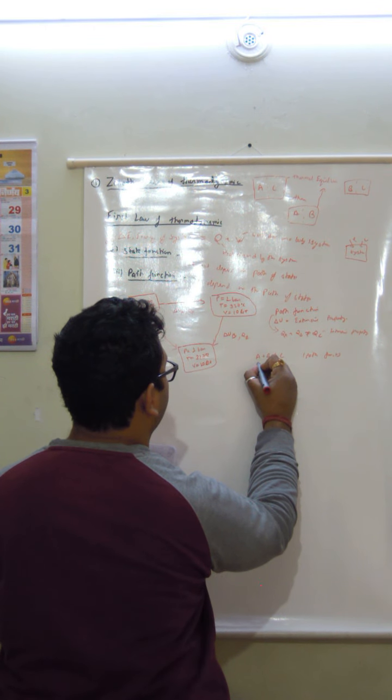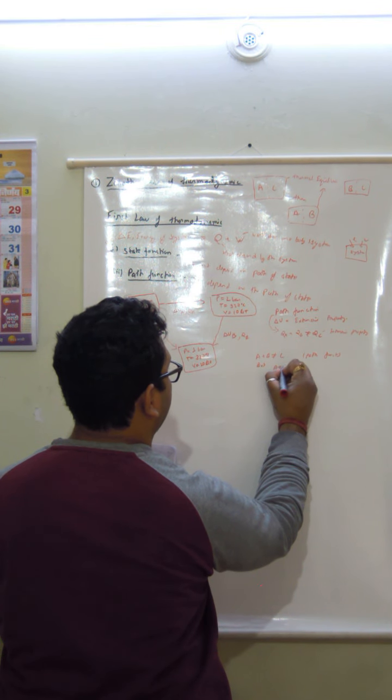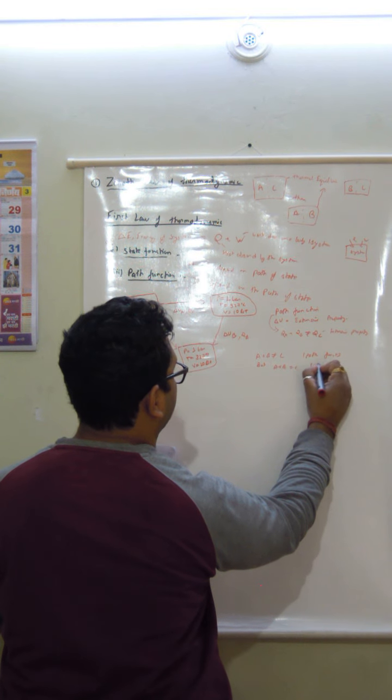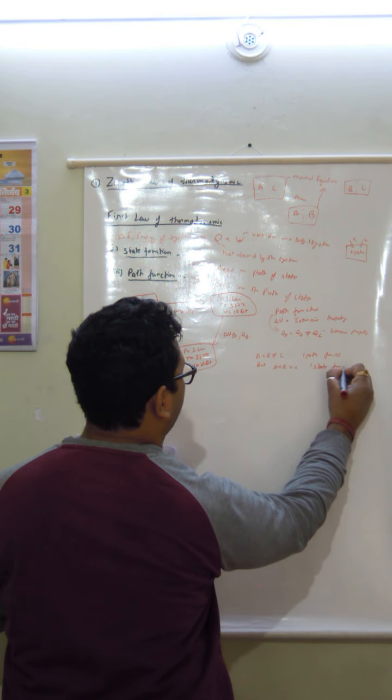But A plus B is equal to C in a state function. A state function does not depend on the path.